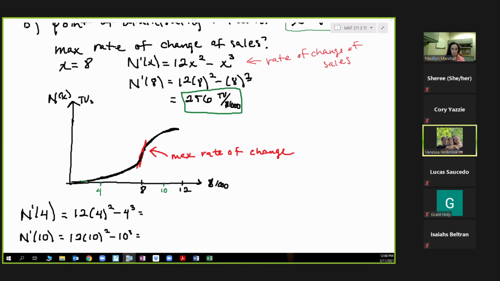So 10 is 200. And I just did 4, so 4 is 128. You said 200? Yes. So $8,000 is when your advertising dollars are the most effective. Exactly. Above or below that would still increase sales, just not as effectively as at $8,000. That's exactly right.